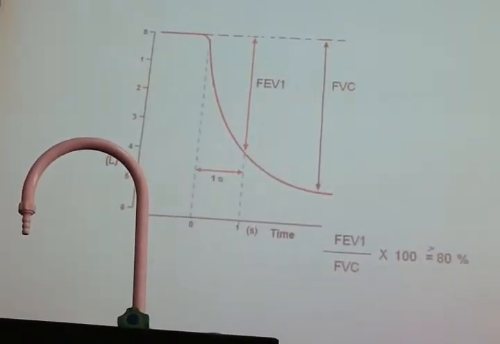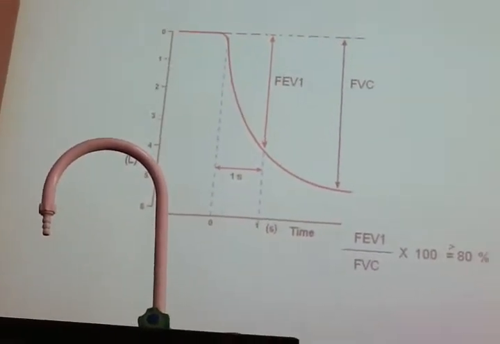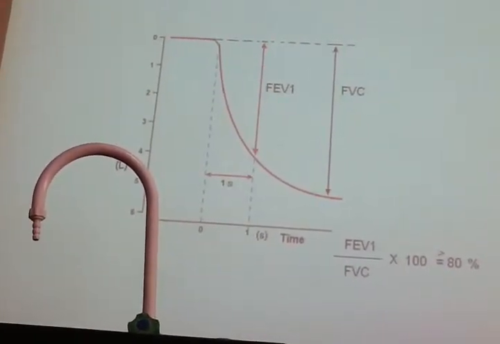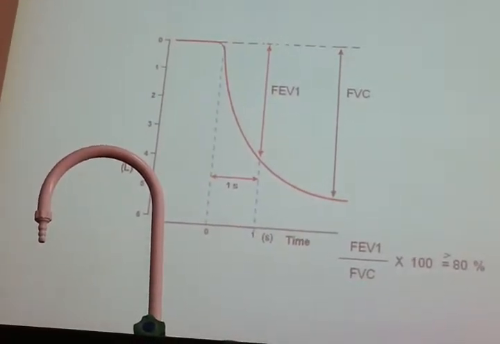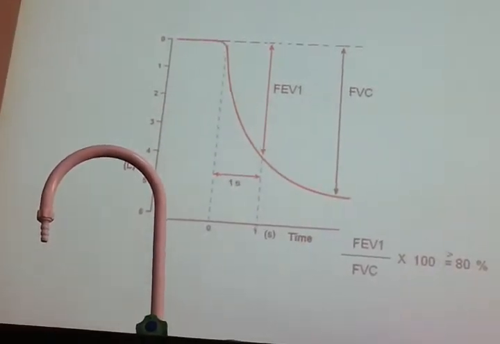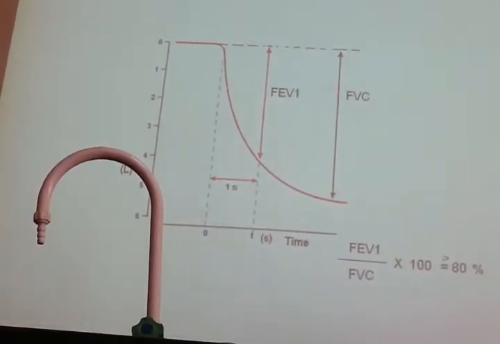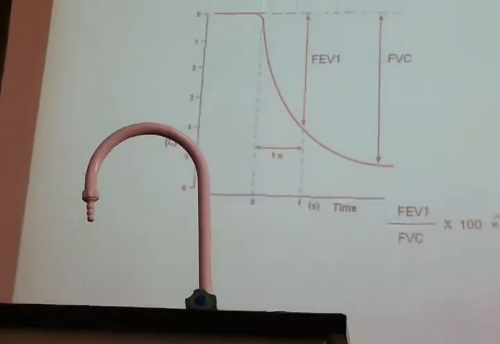Can someone differentiate for me the difference between obstructive and restrictive? Actually, what happens to the movement of air? Anyone? Don't be afraid to make a mistake. What do you mean by obstruction?